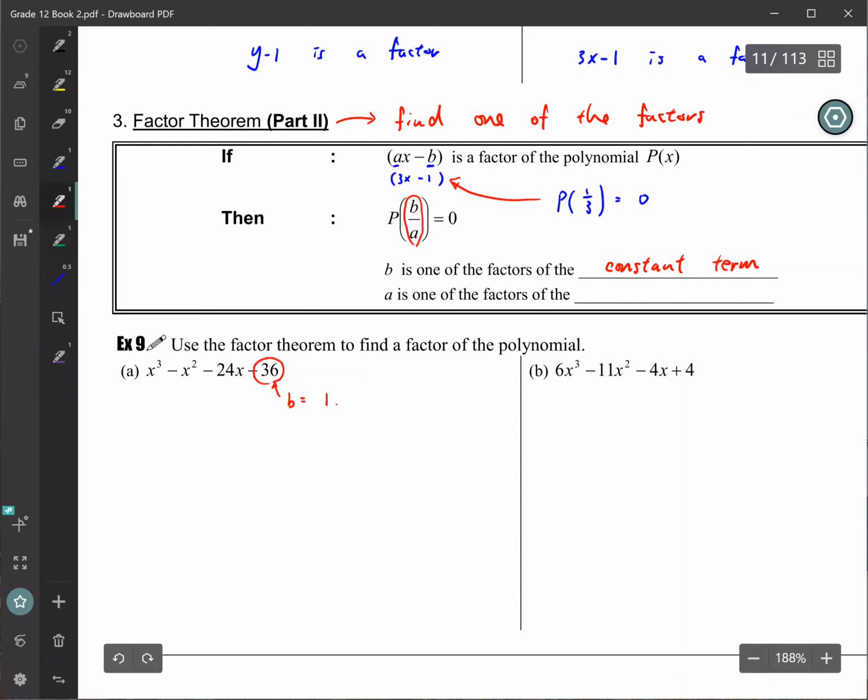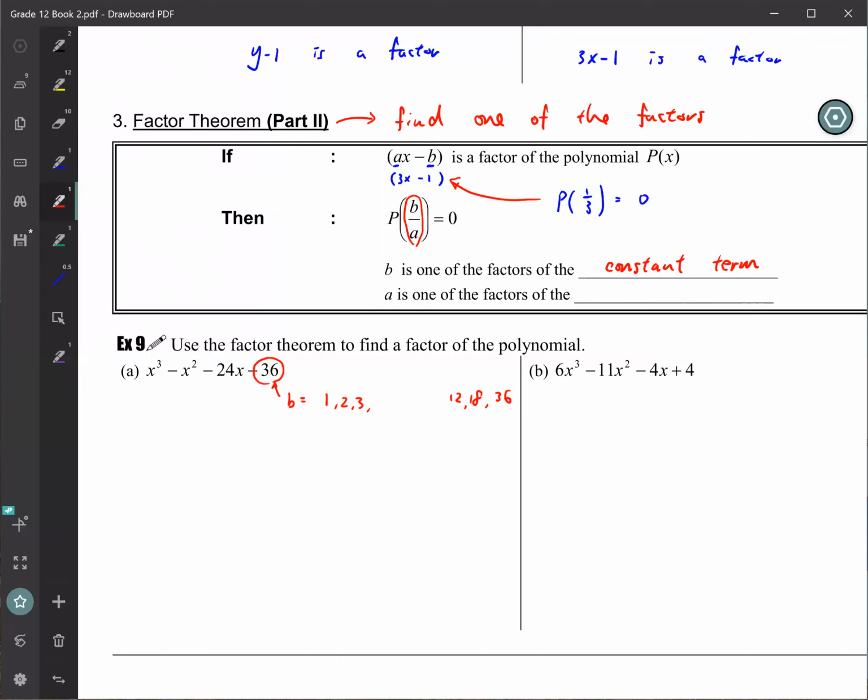You could have 1 and 36, 2 and 18. We go from small to big. And then 3 and 12. Okay, what's the next one? Cindy? 6 and 6. You're skipping one.